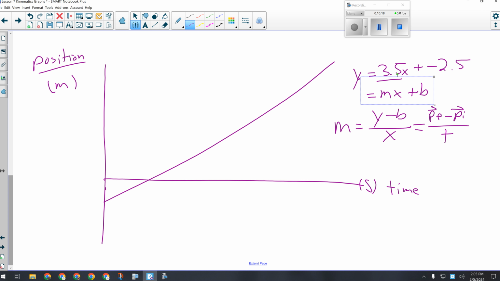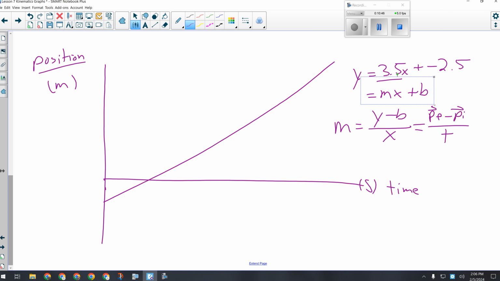Would the y-intercept be my initial position on this graph? Where the object is at time 0. So that would be my initial position. Y is any other position along that line, so I would define that as my final position. And if I divide that by the time, I'm calculating displacement over time, which calculates velocity.